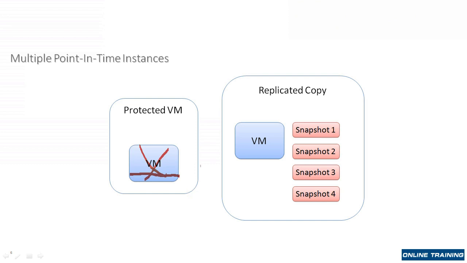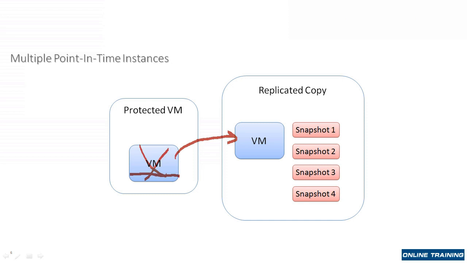Right? It's corrupted, and that corrupted data then gets replicated, let's say 15 minutes later. Now the problem has occurred at our protected site, and all of that corrupted data has been replicated to our recovery site, so the data there is no good either.